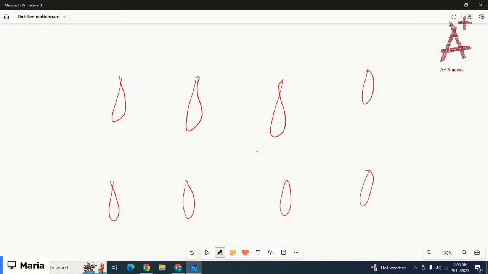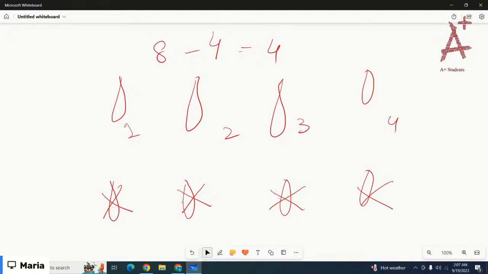Earlier there are 1, 2, 3, 4, 5, 6, 7, 8. Total raindrops you have is 8, right? You removed 4 of them: 1, 2, 3, 4. These are the 4 you have removed. Now you have to count how many raindrops you are left with. So you have to count the ones that don't have the cross: 1, 2, 3, 4. That means earlier you had 8, 4 of them you have lost, and now you are left with just 4 raindrops, right?